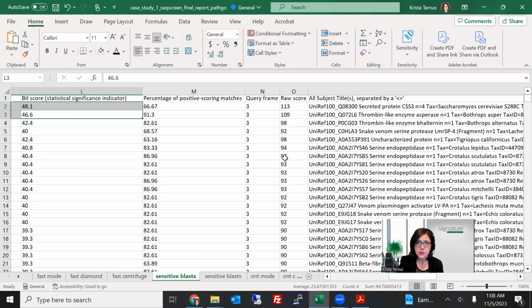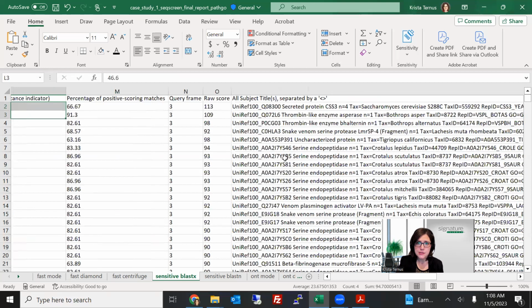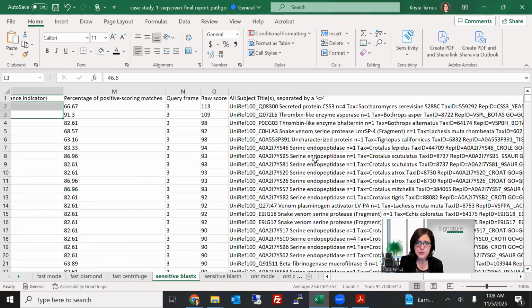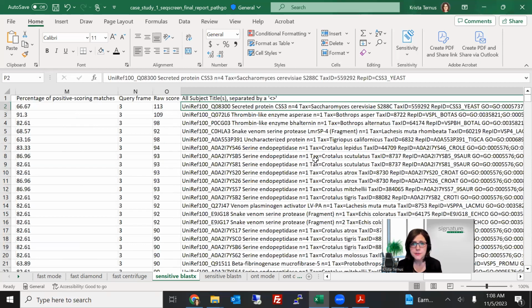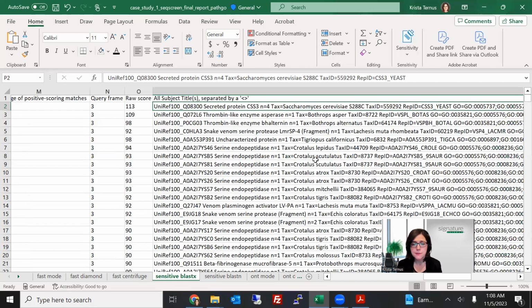And when I look at the actual name of what these proteins and information about the sequences might be, we see that the first one is the yeast protein that we've talked about before. The one below it is actually a snake toxin. So this here is a protein associated with a snake toxin. That's interesting from a biosecurity standpoint.